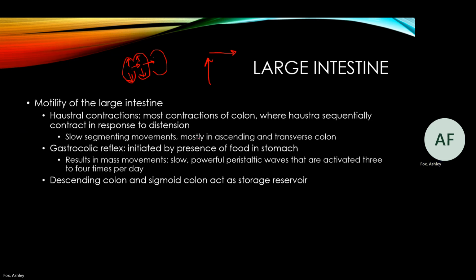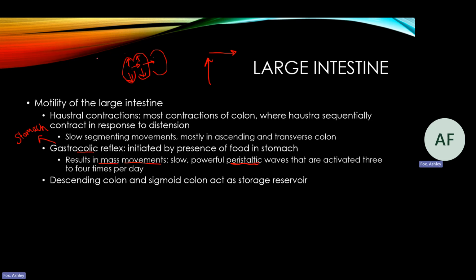The major movement of feces is going to be secondary to the gastrocolic reflex. So it's another reflex. Food in the stomach is going to stimulate the colon and cause what we call a mass movement, meaning all of a sudden you're going to have a really big wave of peristalsis. So remember, that's our forward moving movement.